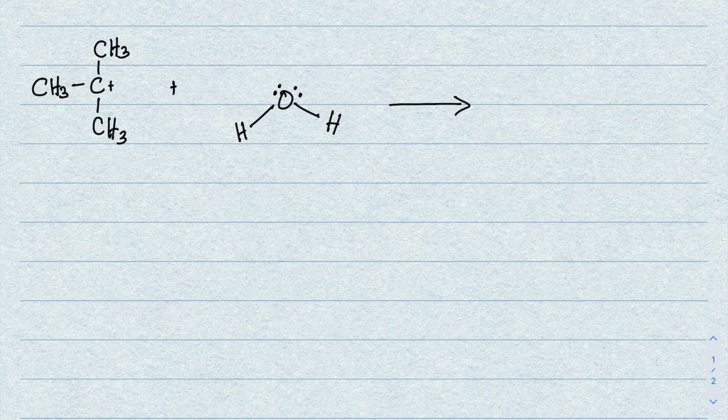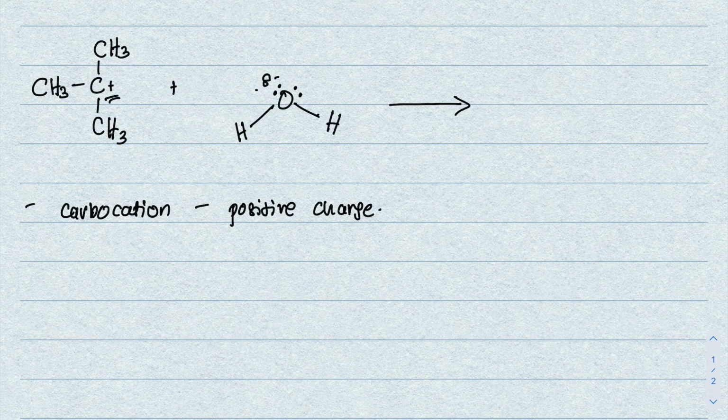Kenapa weak nucleophile? Sebab kalau kita lihat carbocation, dia memang dah ada positive charge, dan bahagian ini adalah negatif. Apabila ada charge positif dan negatif, dia senang attract to each other, macam magnet. Dia tak perlukan banyak tenaga untuk membuat bond.